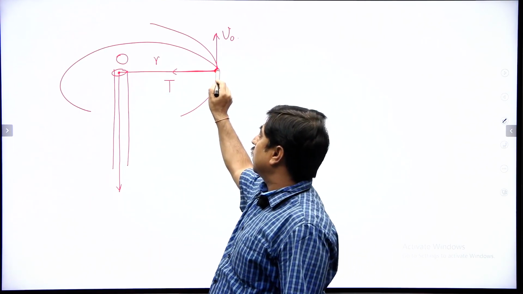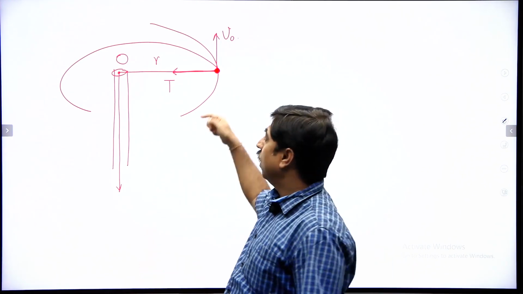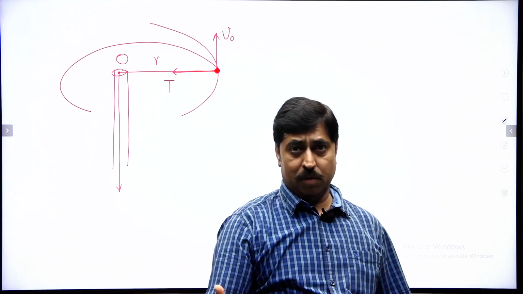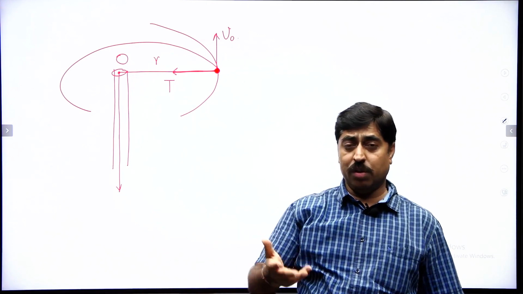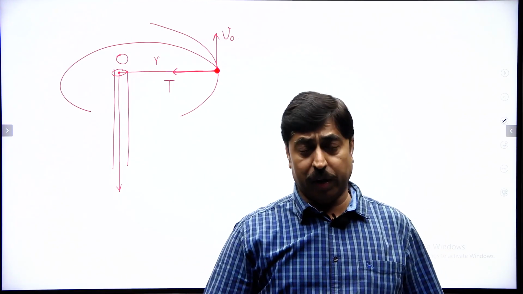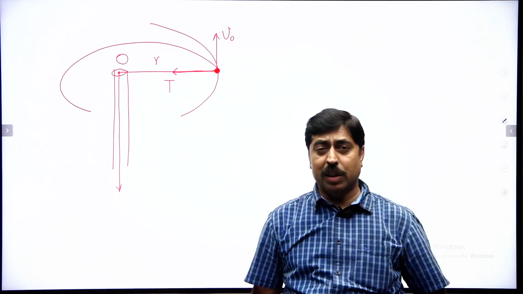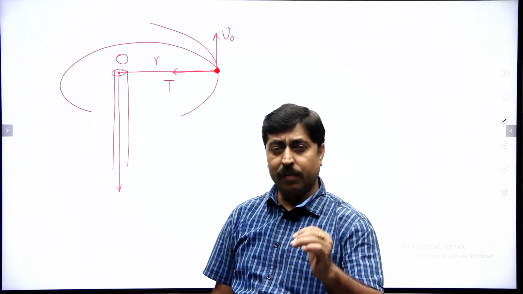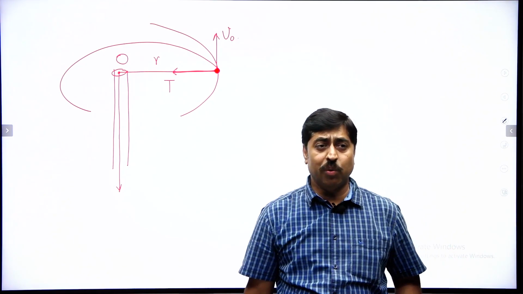So the tension force is acting towards point O, and there is definitely a movement of this particle towards point O. So when there is some velocity in the direction of force, the force is definitely doing some work. In fact, this force is doing some positive work on this particle, and you all know from work energy theorem that if a force performs positive work on a particle, its kinetic energy is bound to increase.